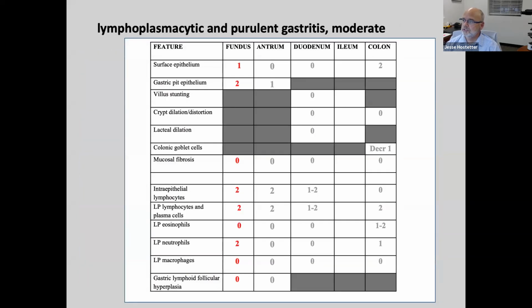And this is how I scored this particular case. I don't know the underlying cause for this. There was inflammation in other parts of the digestive tract as well. All right. Any questions about that? Those are good cases.